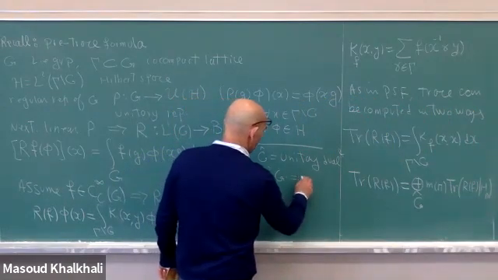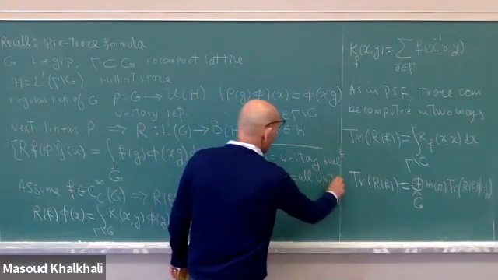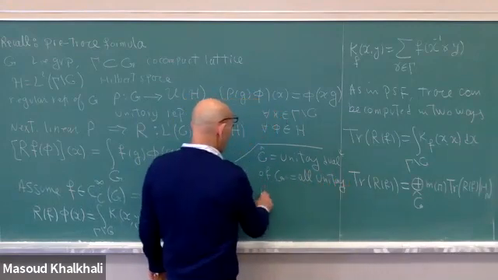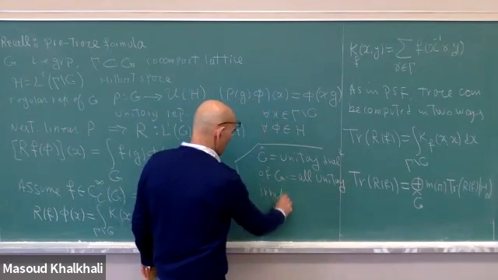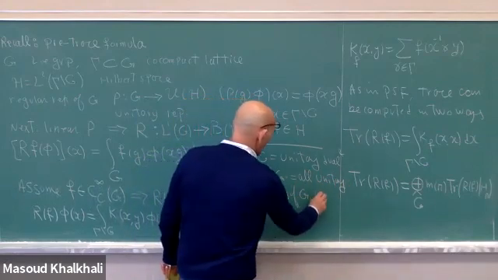So this is the set of all unitary. So unitary is important. Irreps of G up to iso.